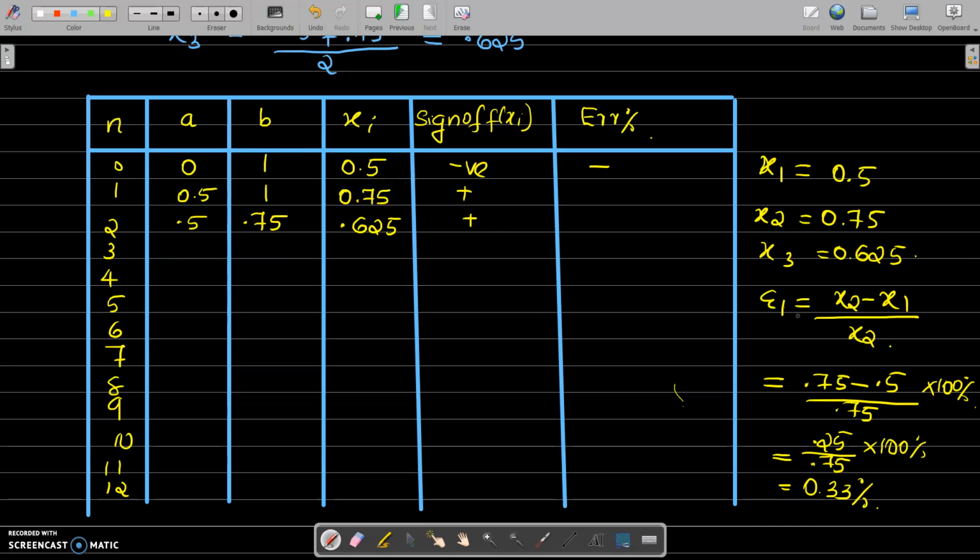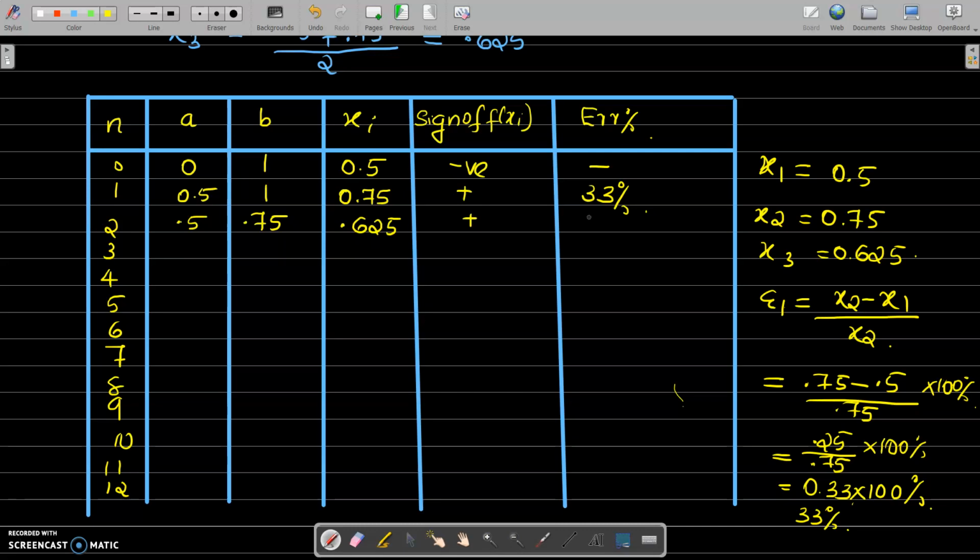That is 0.75 minus 0.5 divided by 0.75 into 100%, that is 0.25 divided by 0.75 into 100%, which is 0.3333 into 100. That means it is 33%. So this error percentage is actually 33%.